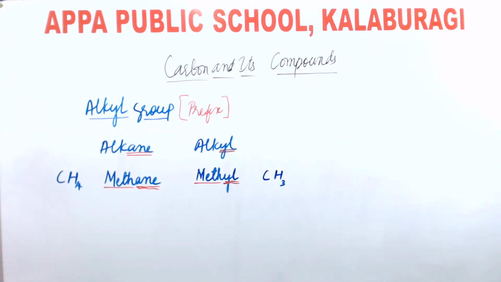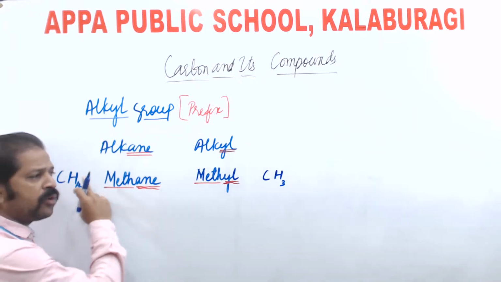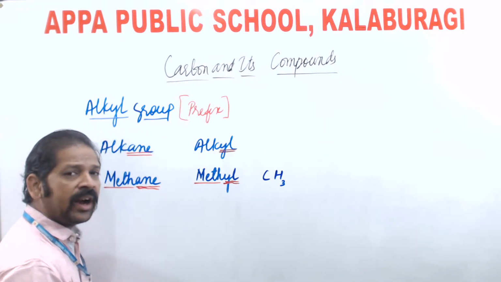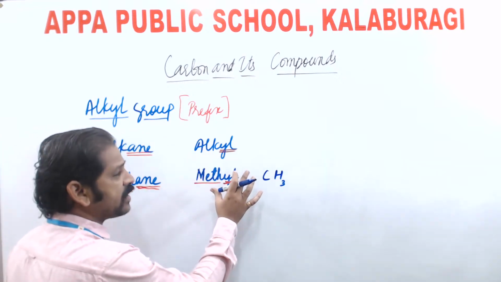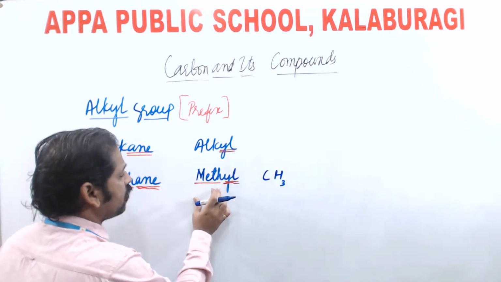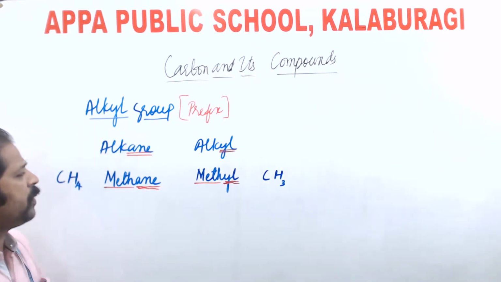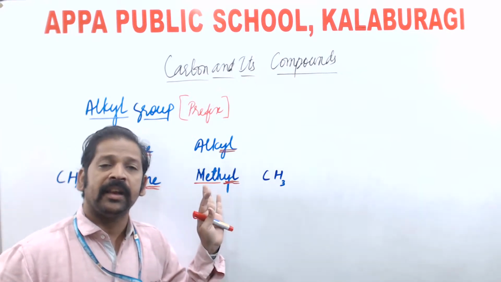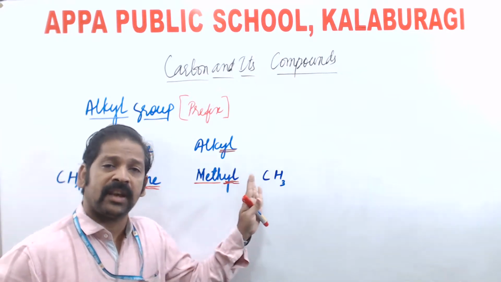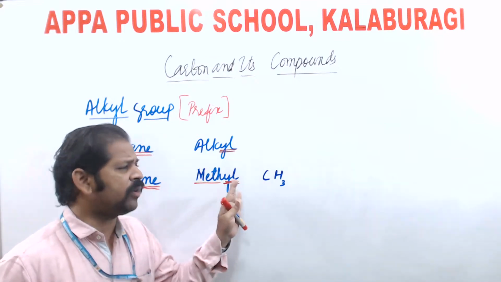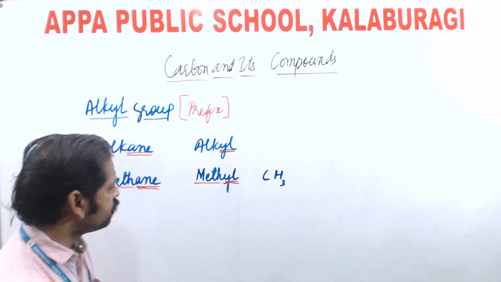One hydrogen has been reduced, and it is considered as a methyl group. If you go with the methyl group, it is a functional group. Methane is a hydrocarbon and methyl is a functional group of a hydrocarbon. You are going to learn that in the next topic.